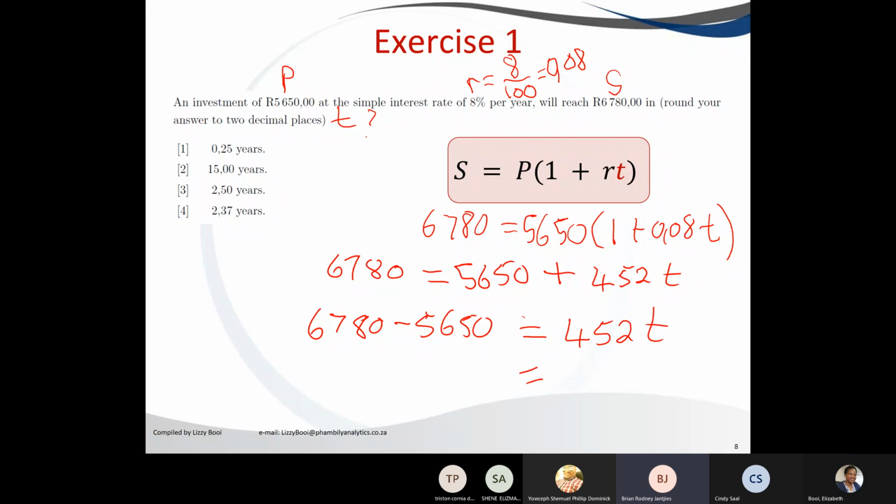Then on the left hand side, 6,780 minus 5,650 gives me 1,130, equals 452T.